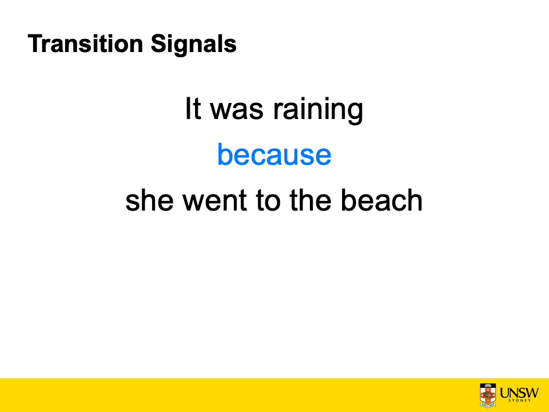This doesn't quite make sense unless she is some sort of magical goddess figure who can control the rain, and when she goes to the beach it rains. Yes, so we're just starting to get fanciful. So you can see how the transition signals really change the meaning of this sentence.